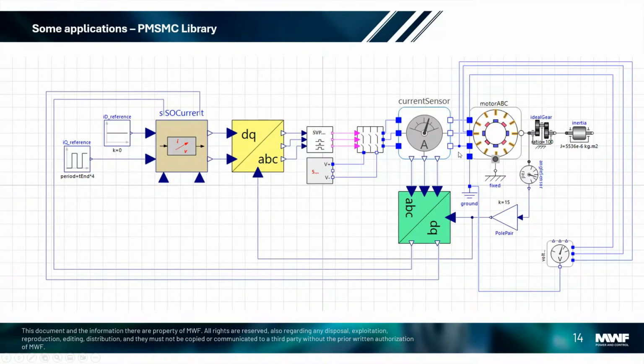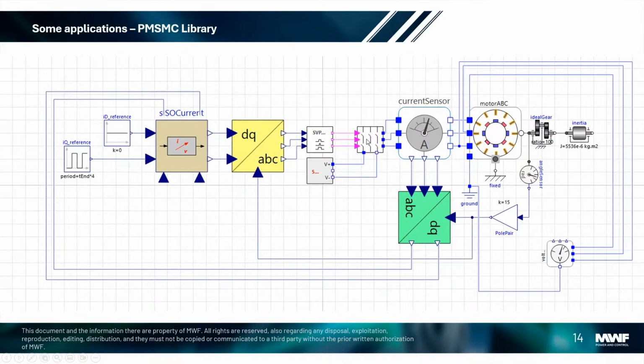So looking into the details of one of these models here, like this motor, you are going to be able to see that the rotor, the stator, and any aspect of the windings, the thermal model, and so on, are all designed in such a way that they only work if they are put together.